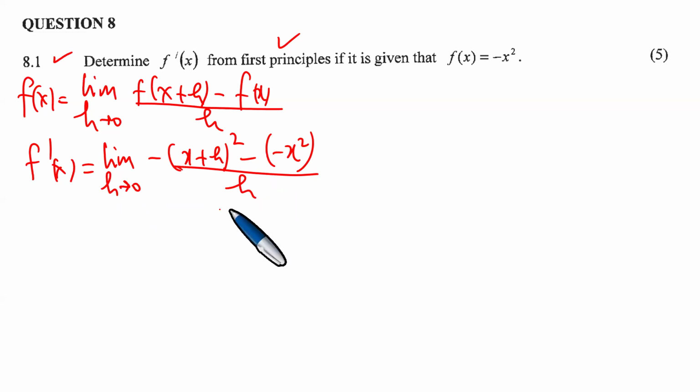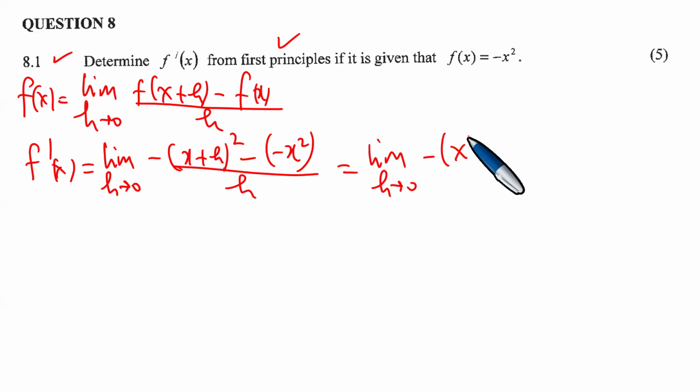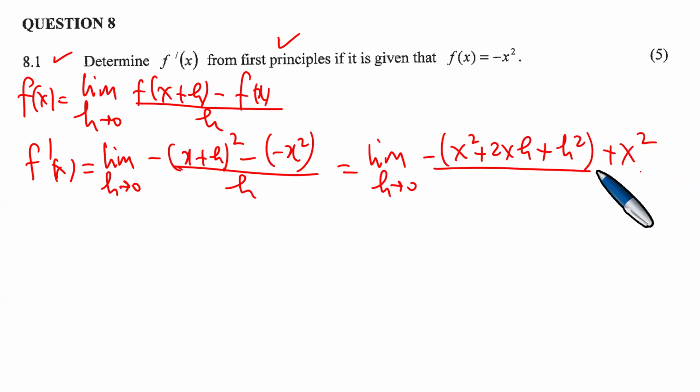If you continue, this becomes the limit of minus, then you have x squared plus 2xh plus h squared, plus x squared, as h approaches 0.